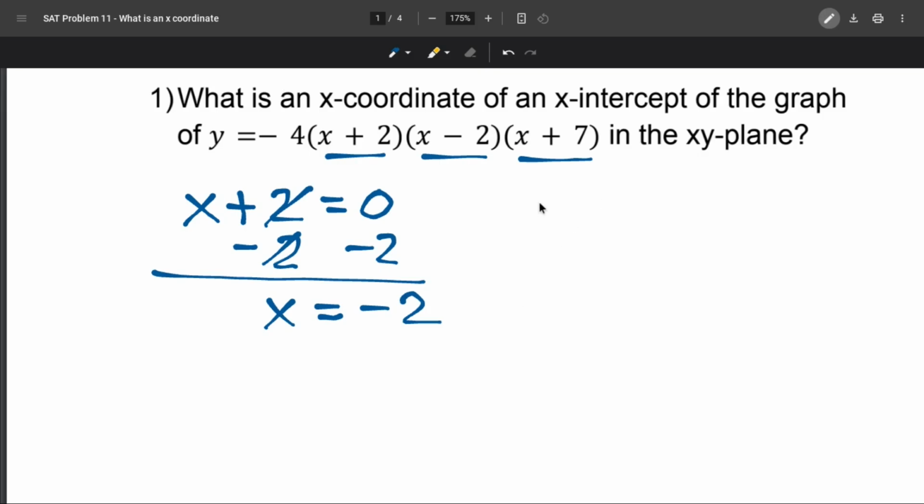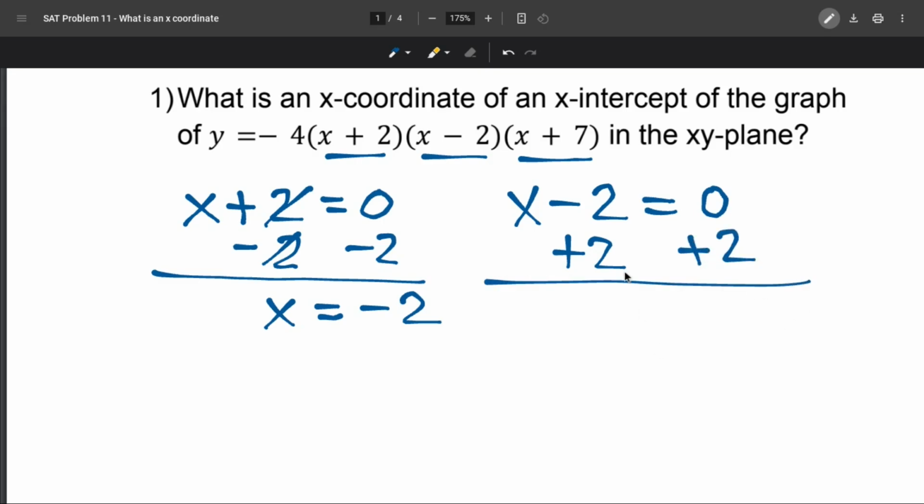So let's set x minus 2 equal to 0, and maybe we'll pull up Desmos as well and take a look at that and show you how to do it that way. So I'd add 2 here. Okay, these will cancel. I get x equals 2. That's another possible solution.